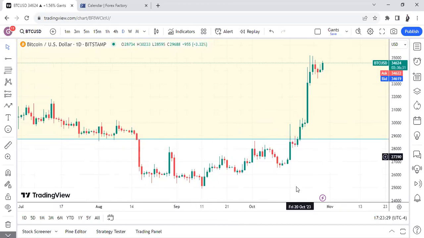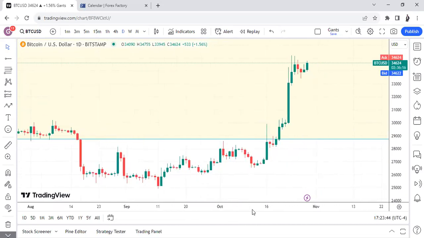I just wanted to share my sentiments and opinion about the marketplace. Whatever you're doing, your risk management is very, very important. Don't over leverage, don't over risk. Be very careful. The market is not symmetrical for now, and it's not trending, especially Forex. Forex is not trending.